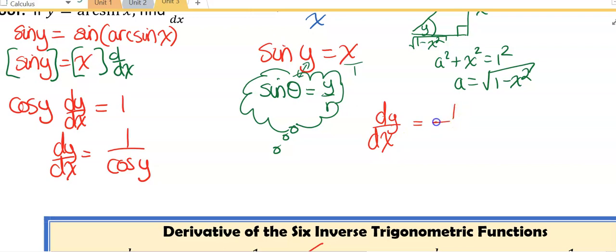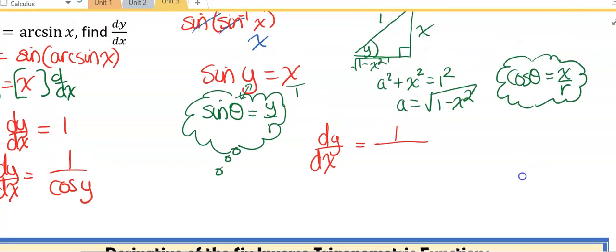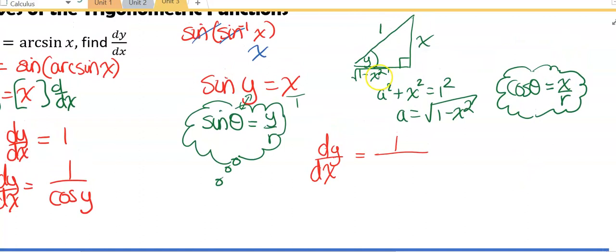So go back to our problem, and we have dy by dx equals 1 over cosine. Cosine theta, remember, is x over r. So it's where your x position is over your r. In this case, our x position is the square root of 1 minus x squared. In fact, let me write it out here.